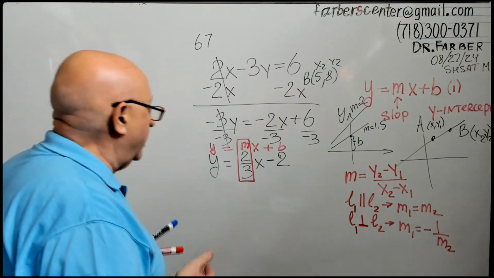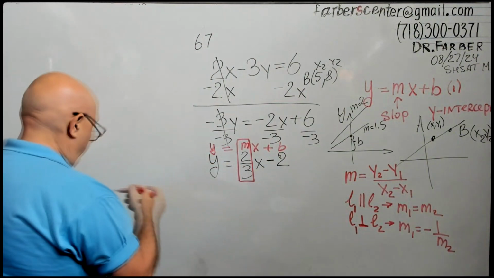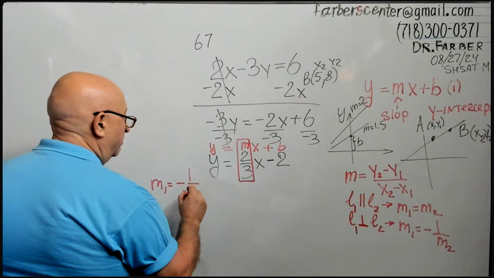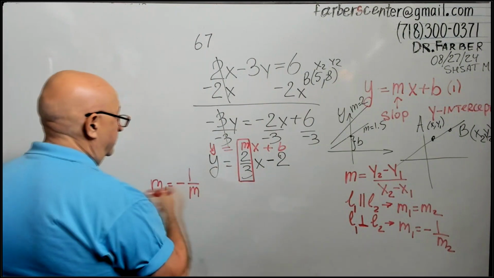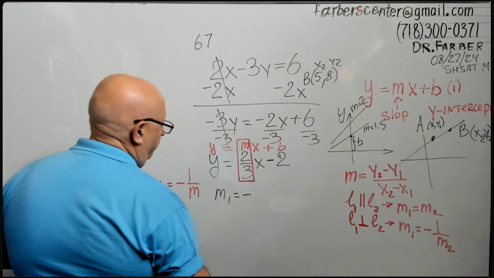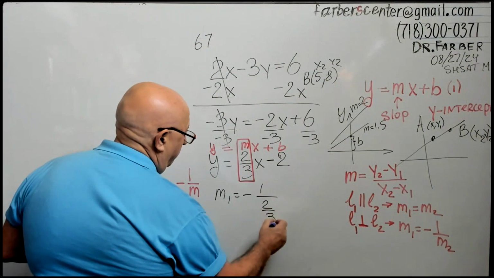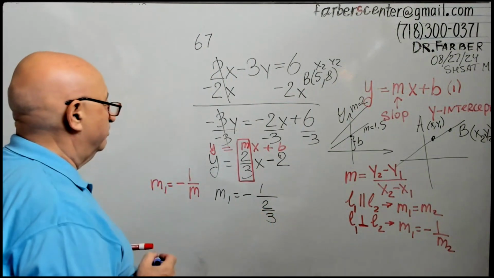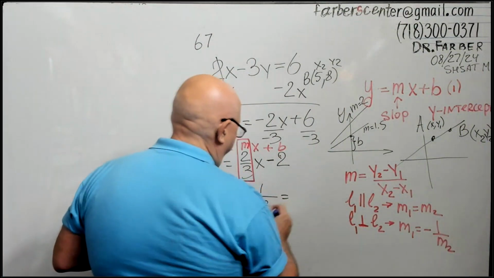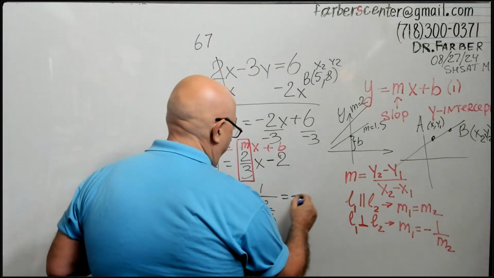How to find the slope of a line which is perpendicular to this line? Well, m1 is supposed to be the negative reciprocal of m. In this case, m1 equals -1 divided by 2 over 3. Or you can flip upside down, keep change flip. You got -3 over 2.